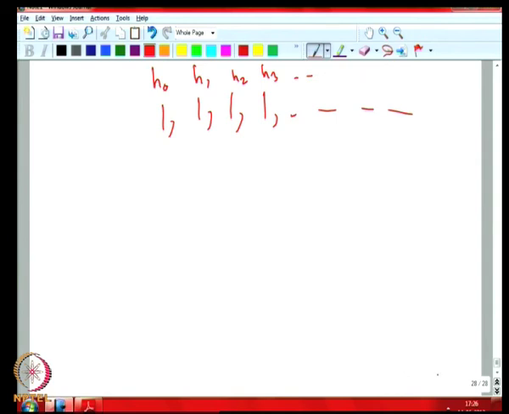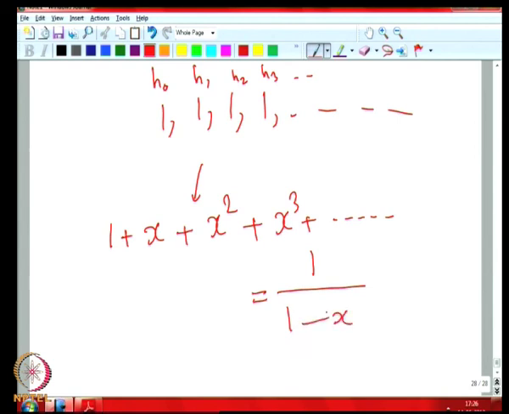So, the generating function is 1 plus x plus 1 into x square plus 1 into x cube plus this infinite series. So, this is equal to 1 by 1 minus x. So, this is the generating function for it.